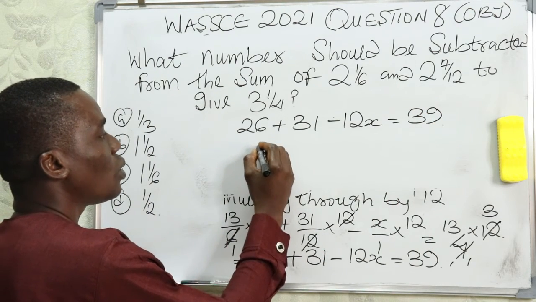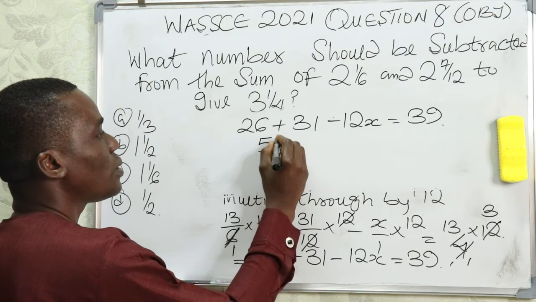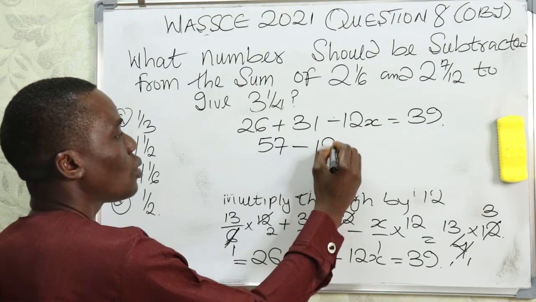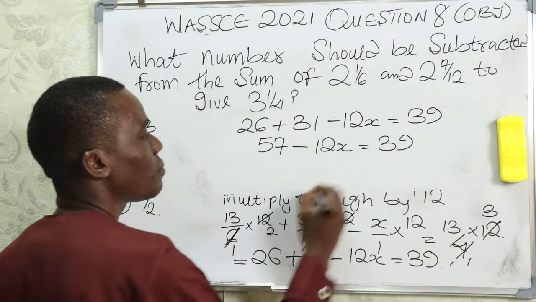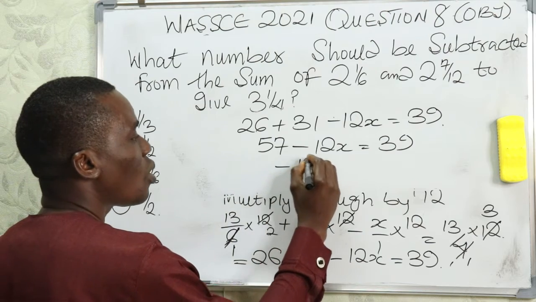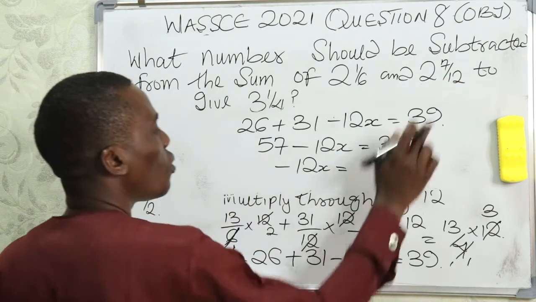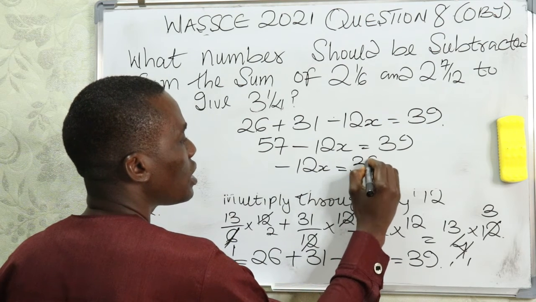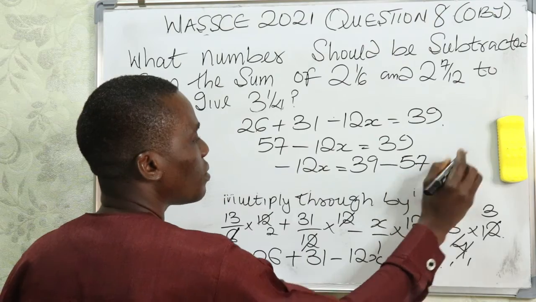This plus this will give us 57 minus 12x equal to 39. So minus 12x will be equal to plus 57 goes this way, will give us 39 minus 57.